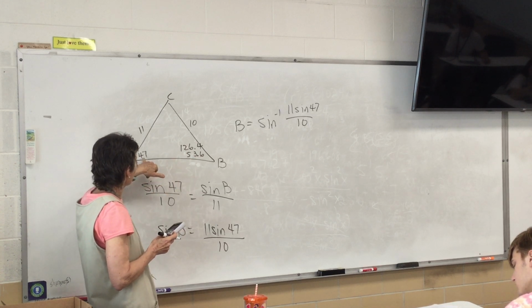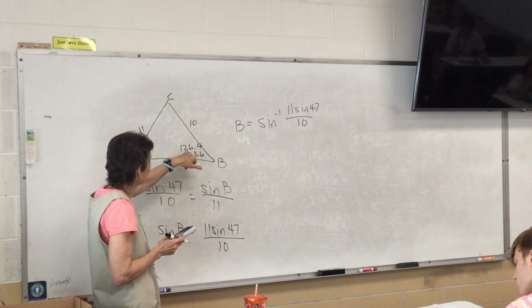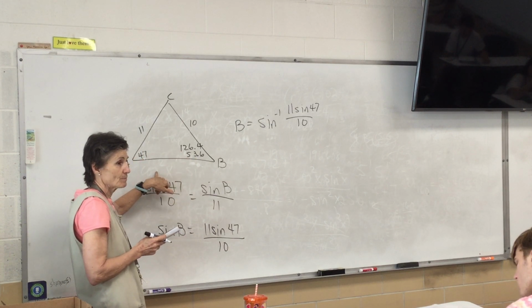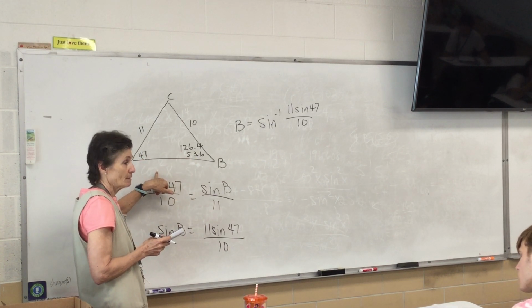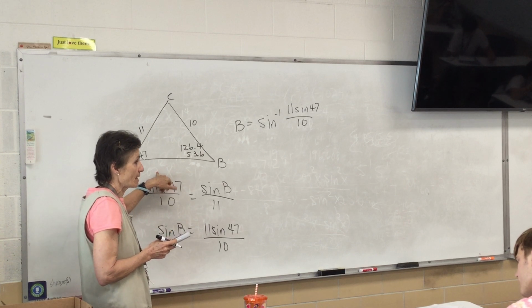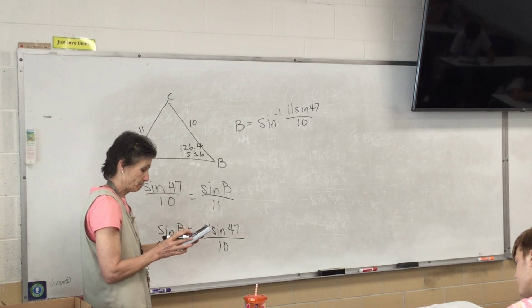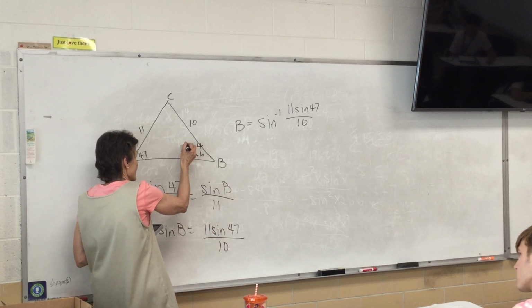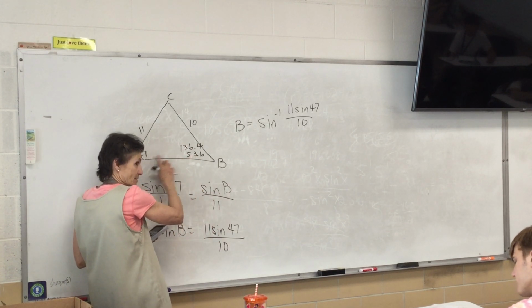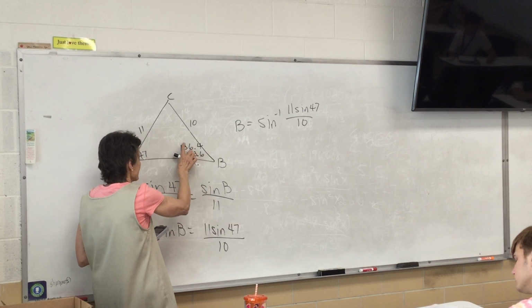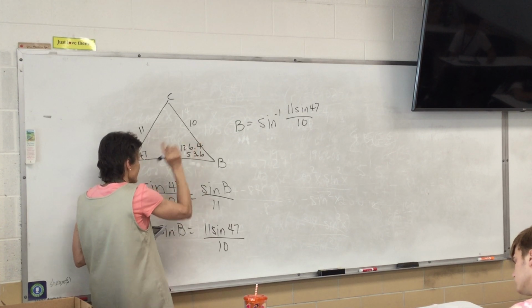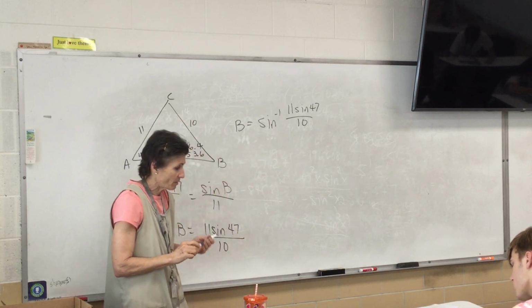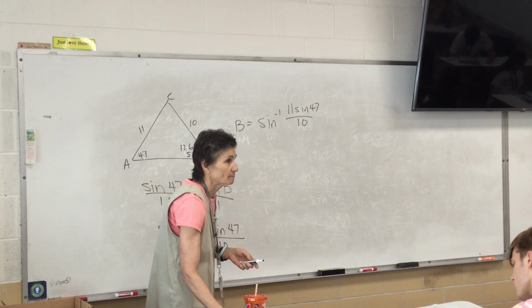Is it possible to have an angle of 47 and an angle of 126 in the same triangle? Yes. So there should be two possible triangles for that. If this had been 136, let's say, then it wouldn't be possible, right? But since it was 126, it is possible. So both possible angle B's work, and there are two triangles.